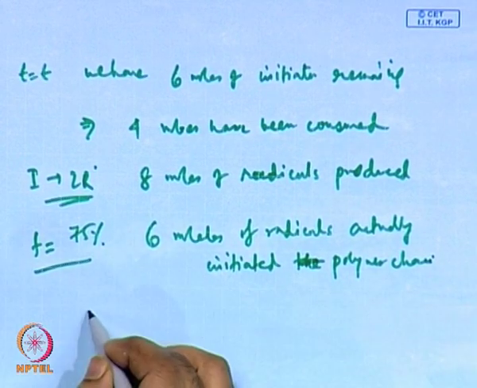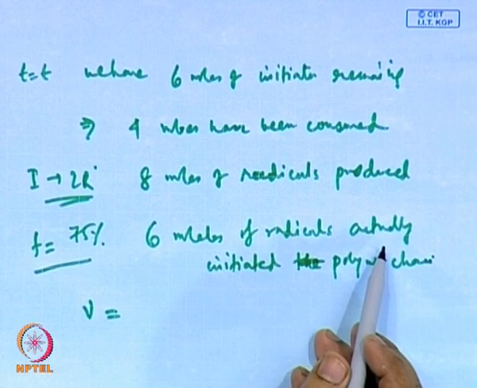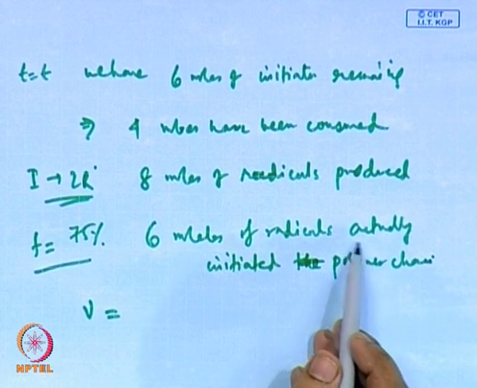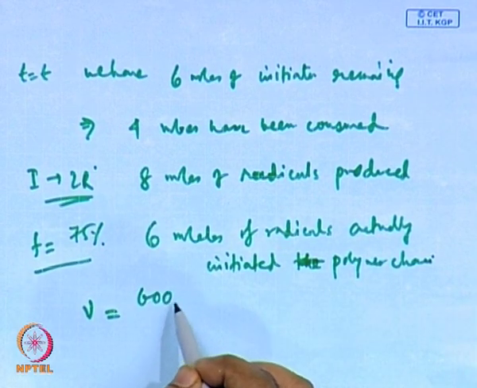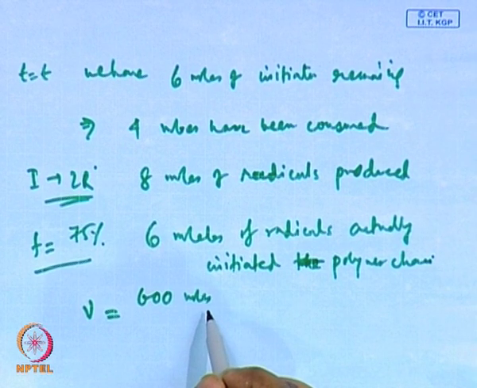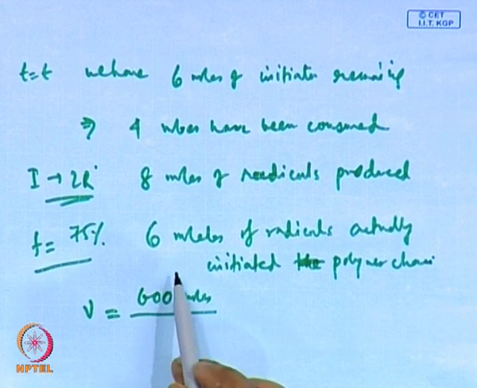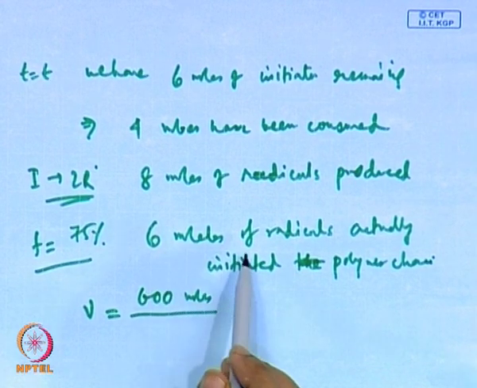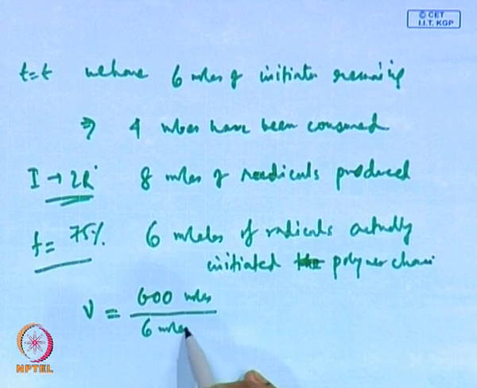Okay, so what is the number? The total number of monomers polymerized is 600 moles. How many radicals have initiated polymer chains? That is 6 moles. So, that is 100.